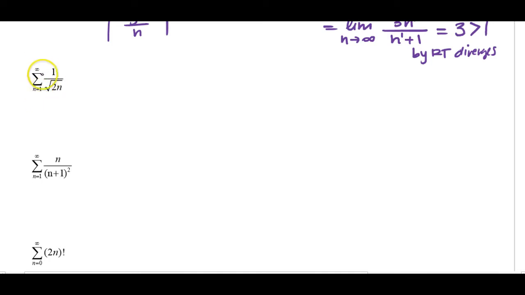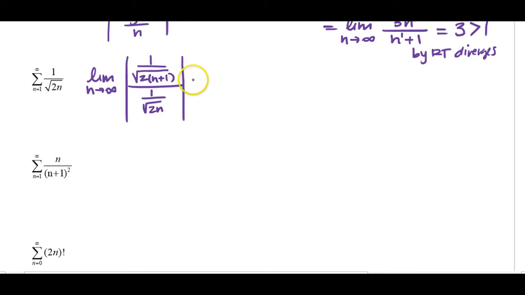Alright, so I have the sum of n equals 1 to infinity of 1 over the square root of 2n. So I'm going to look at the limit as n approaches infinity of 1 over the square root of 2 times n plus 1. So remember, the a sub n plus first term over 1 over the square root of 2n.